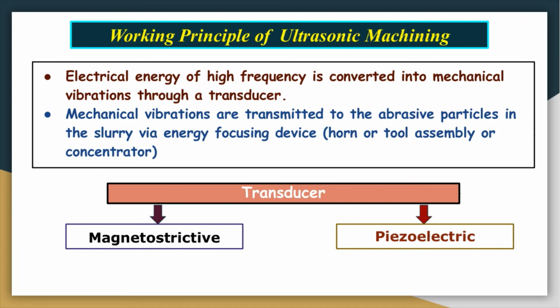But the problem is that its power capacity is low. In case of the magnetostrictive type of transducer, most of the time you require a cooling arrangement, and it adds to the cost of the whole system. So this is about the working principle of ultrasonic machining.